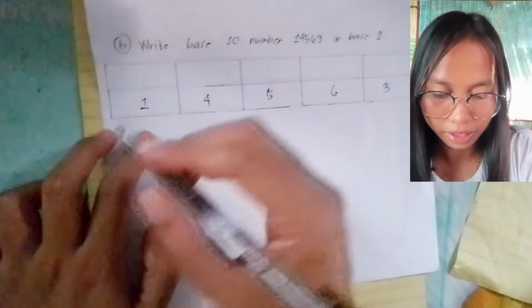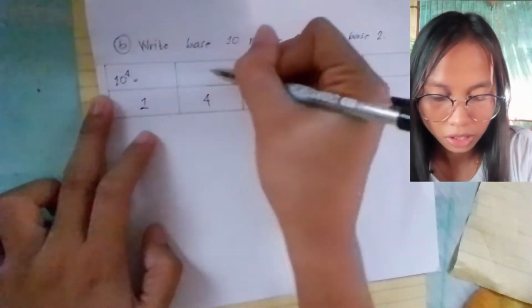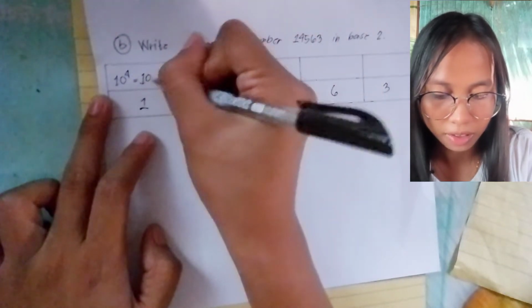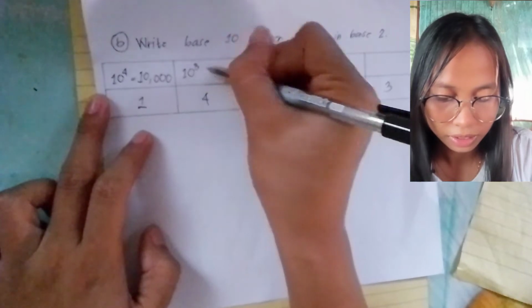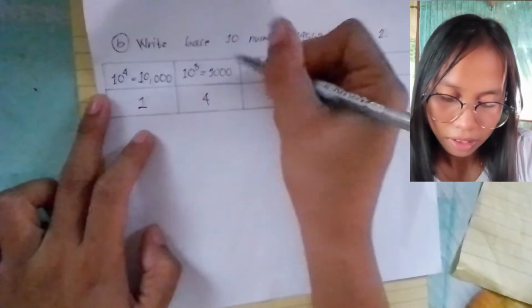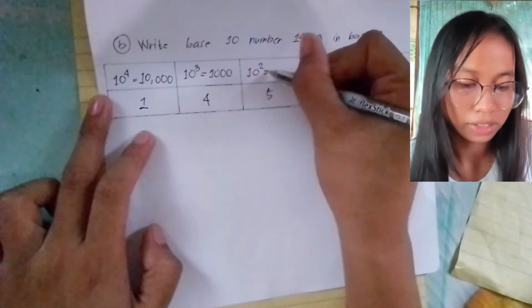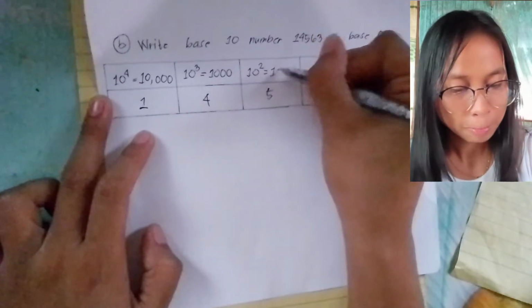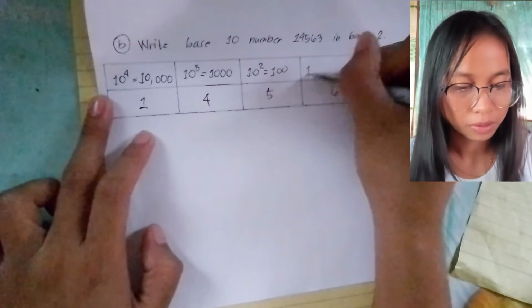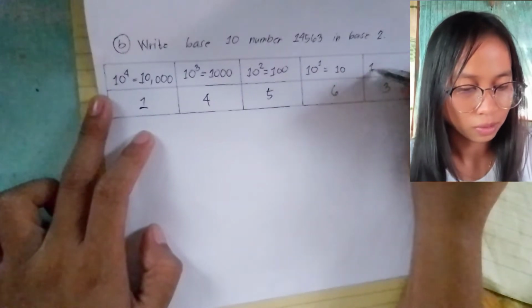And then 10 raised to the power of 4 is 10,000. 10 raised to the power of 3 is 1,000. 10 squared is 100. 10 raised to the power of 1 is 10. 10 raised to the power of 0 equals 1.